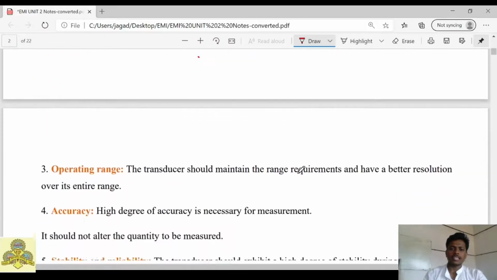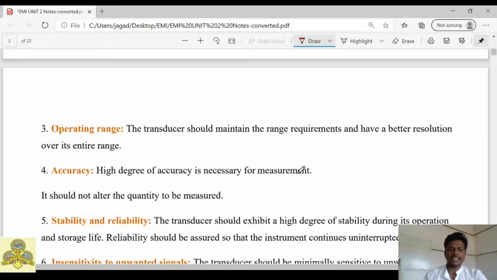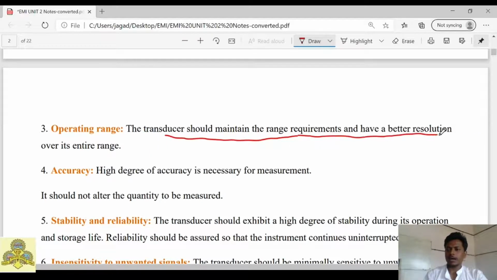The third selection criterion is operating range. So what is operating range? The minimum and the maximum value it can give. The transducer should meet the range requirements and have a better resolution over its entire range. As in the case of a motor I mentioned, if I rotate faster, it generates more electricity.